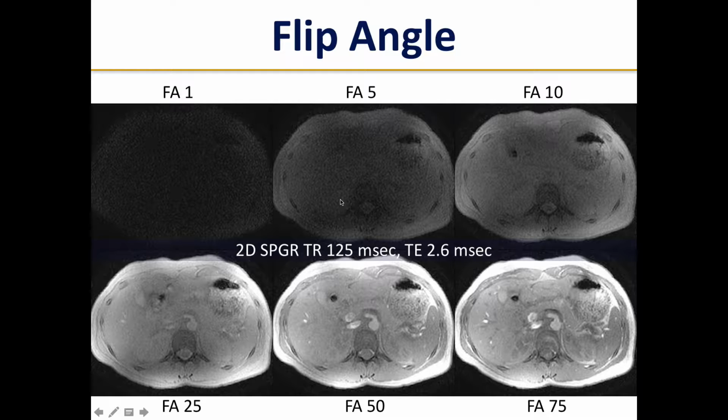I think we can also agree that flip angle 5 has more signal than flip angle 1, but not a lot more, right? And I think we can agree that flip angle 75 has the highest T1 weighting. Look how much different the liver is, say, than the surrounding fat. But it probably doesn't have the highest SNR. The highest SNR is probably right here with a flip angle of 50.